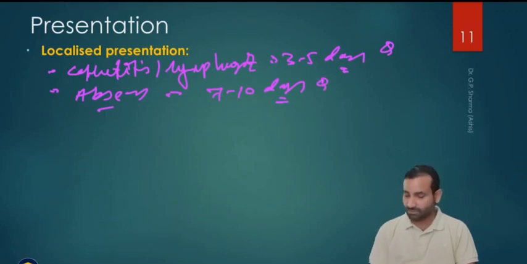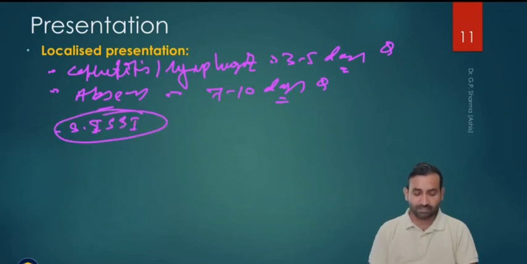And in this localized presentation we will see what? Superficial incisional surgical site infections, right? To say superficial incisional surgical site infection, it should be present within 30 days of the procedure, first point.